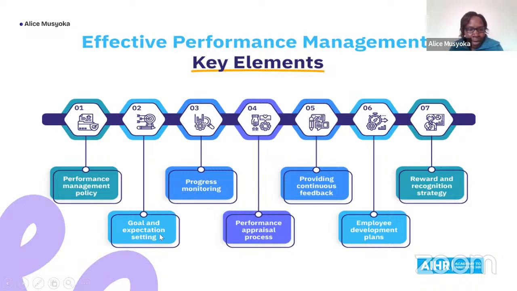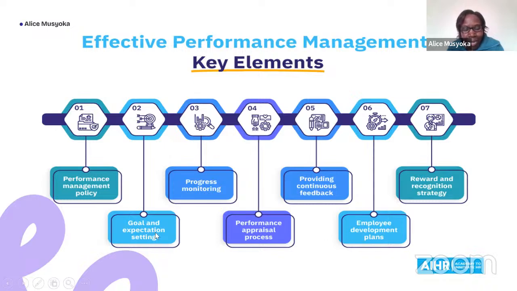Then we have goal and expectation setting. This is a very crucial step because both employee and supervisor need to agree on the goals and the expectations. And when we talk about goals, under it we have objectives. So both the employee and supervisor need to agree on objectives.